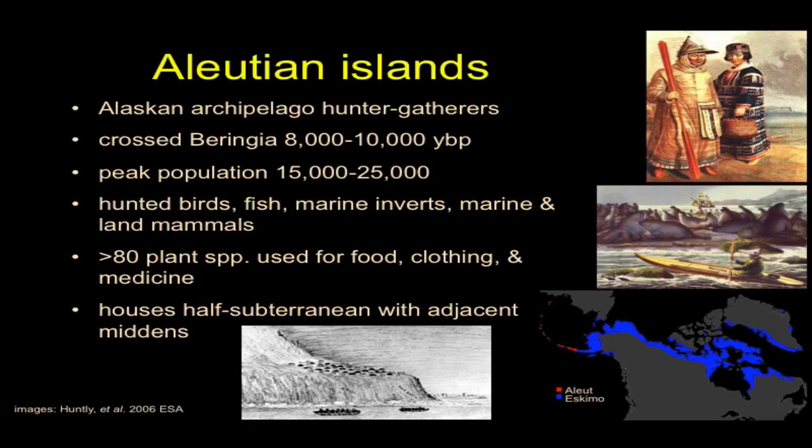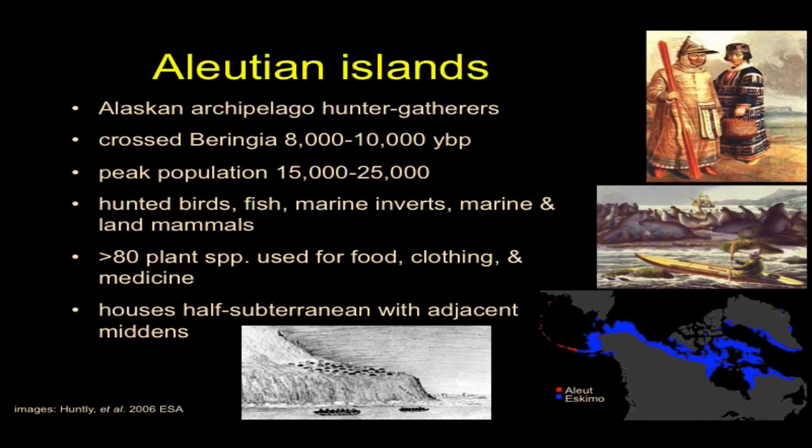And these folks made a living by doing the things you would think they would do: hunting fish, hunting seals, birds, all that kind of stuff. They had a rich culture, and they utilized just about everything they could find that had some utility. So they utilized at least 80, and quite possibly a lot more, species of plants, for different purposes, for bedding, or for clothing, or for medicinal purposes, what have you.